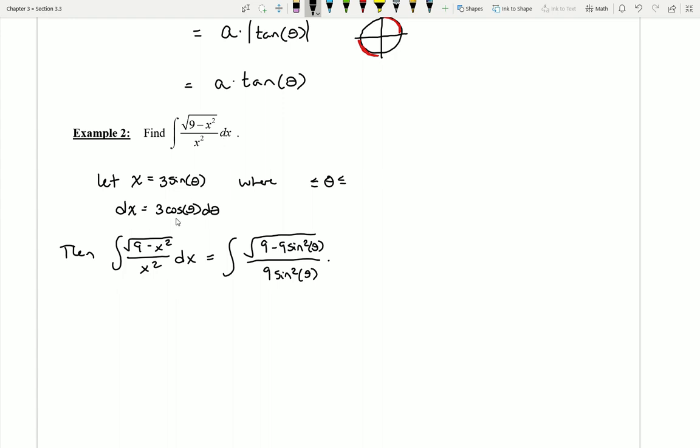I actually have to replace dx with what it's equal to, which is 3 cosine theta d theta. So things here will look a little bit messier before they get neater. Now let's see. I can simplify down a bit more. One thing that I'll note is that the radical can be rewritten so it's 9 times 1 minus a sine squared under that radical, which is of course really convenient for us. I'll leave everything else as is.